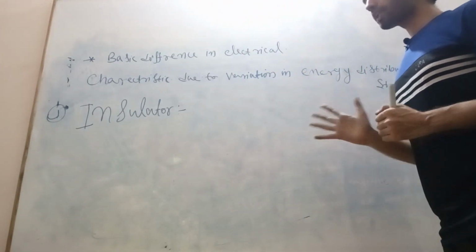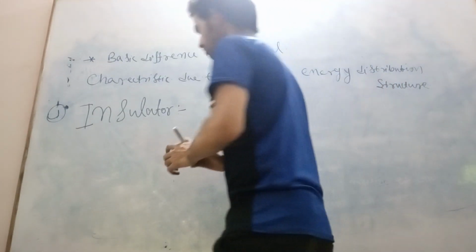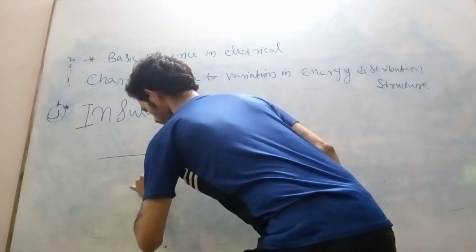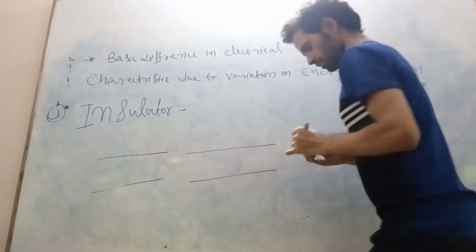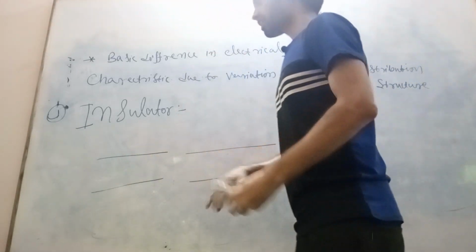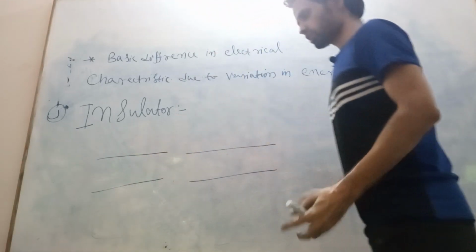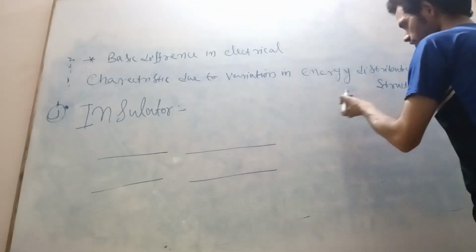The material has a band like this, this is my one band, this is my second band. Every material has allowed energy bands: the valence band and the conduction band.